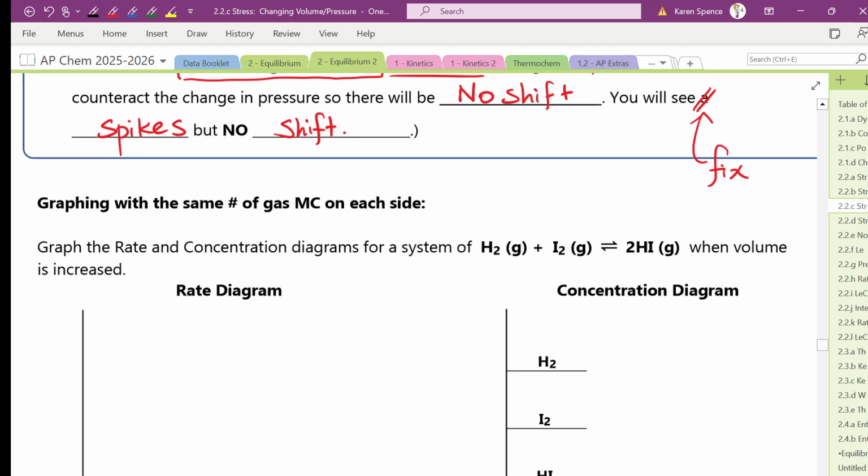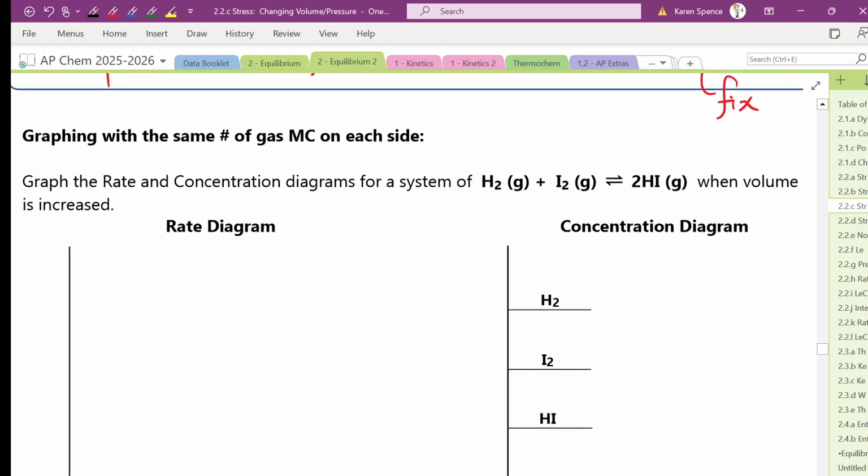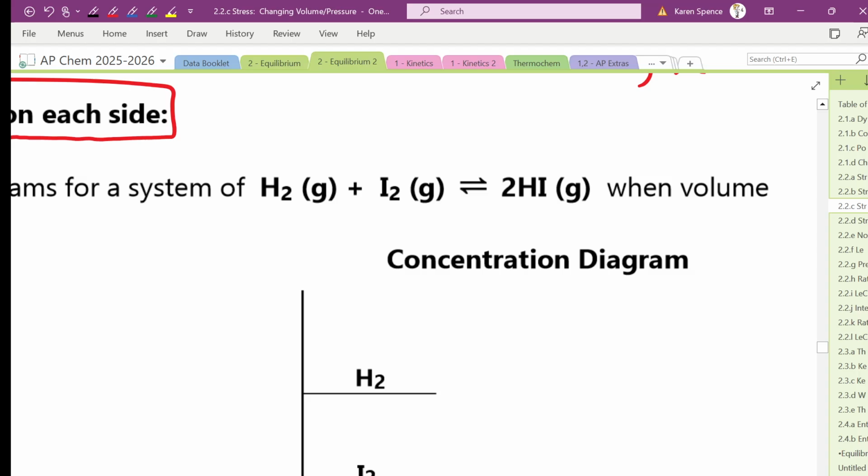So let's graph what happens when we have the same number of gas molecules on each side. So we have a system here where we have H2 plus I2, so that's 2 gas molecules. And over here on the right, we have 2 gas molecules.